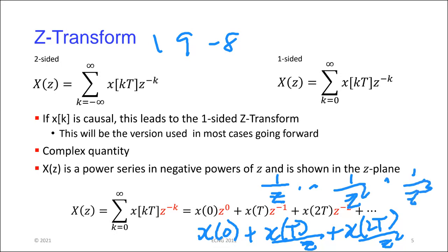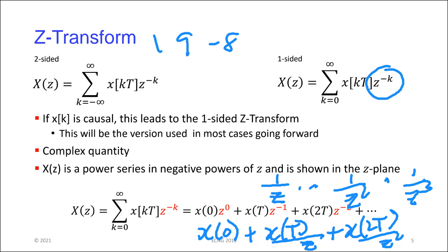We will get to that version of it in a while, but the z minus powers mean something very specific in the discrete time world, and we will see why we like to retain it in z minus 1. But at certain points in time when we manipulate the z transform, it might be easier to manipulate it with positive indices instead of negative. But just remember, z to the power minus 1 is 1 over z. There's nothing unusual in that, okay?